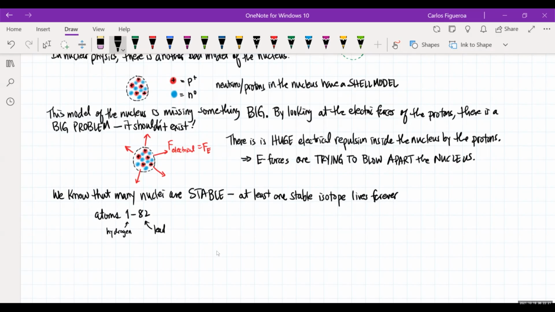All of these have at least one isotope. Many of these have multiple isotopes that live forever. So atoms 1 through 82 are stable and not radioactive.